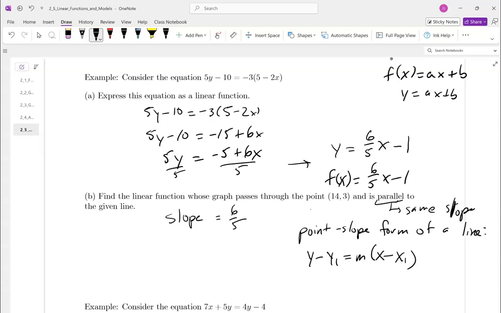Notice that all this is just a restatement of slope is rise over run. If you divide by x minus x1, you just get slope, don't you? You get change in y over change in x. So in this problem, your m is 6/5. Your x1 is 14, and your y1 is 3.